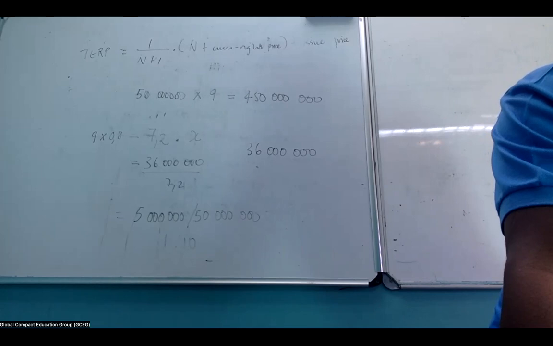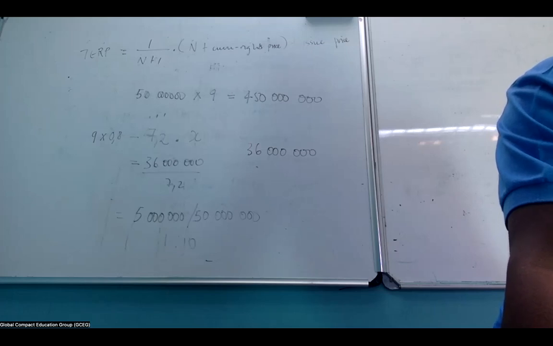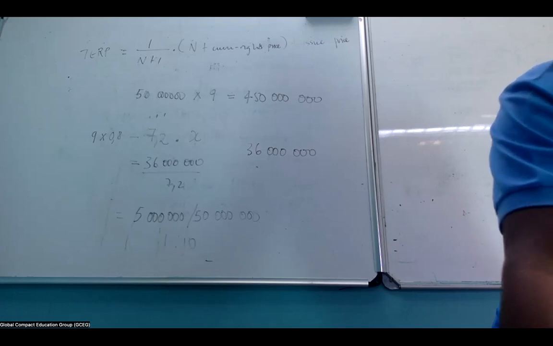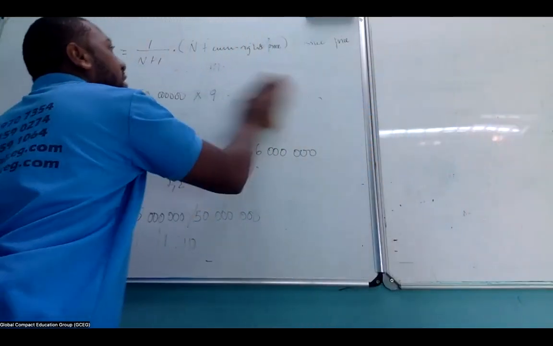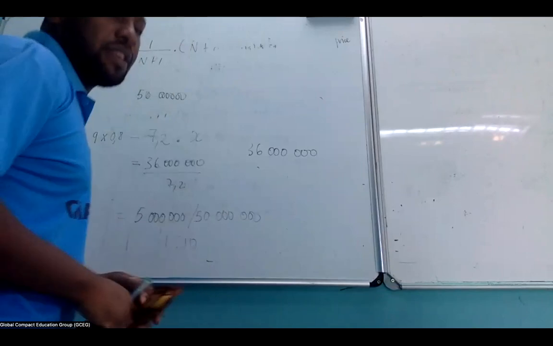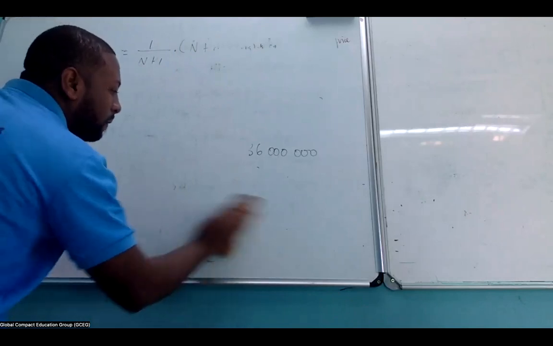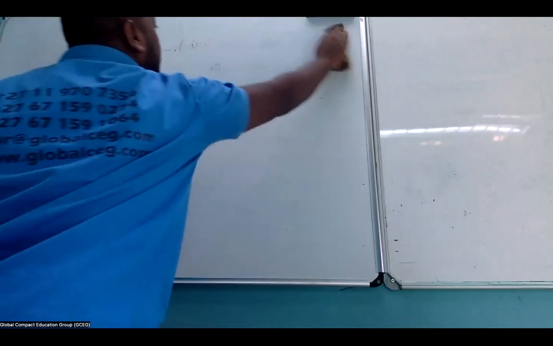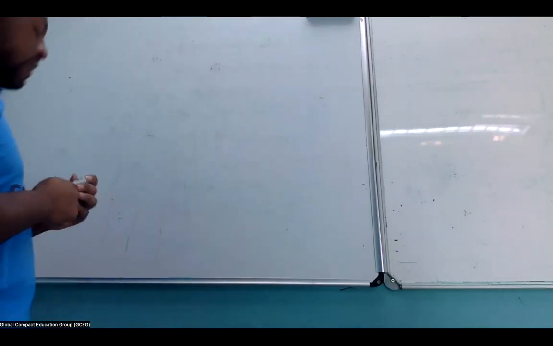So the best here is to first find the cost of debt here, okay? Because we have a WACC of 6.7, right? So I'm going to erase this, and I'm going to throw this one away. It's also no longer useful. Okay.